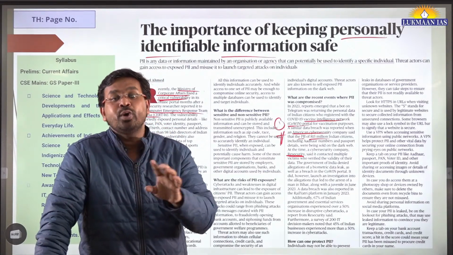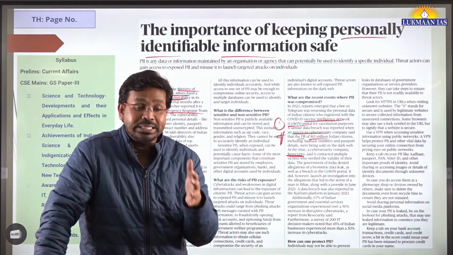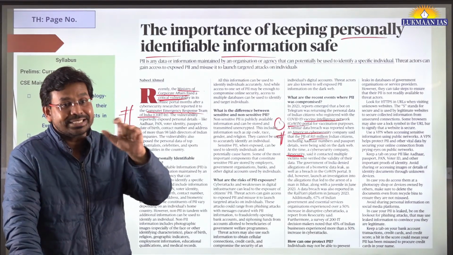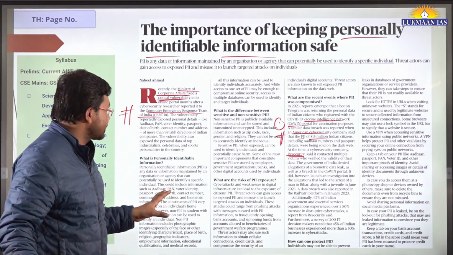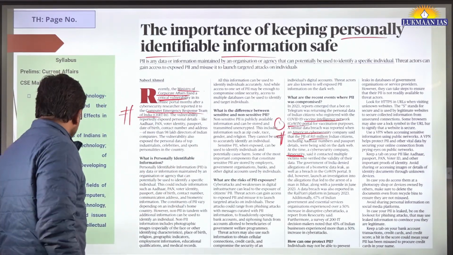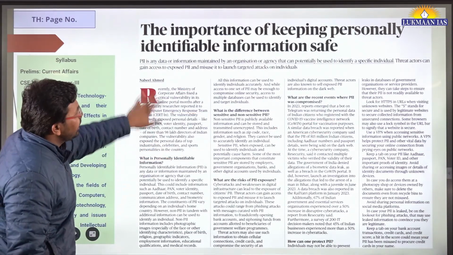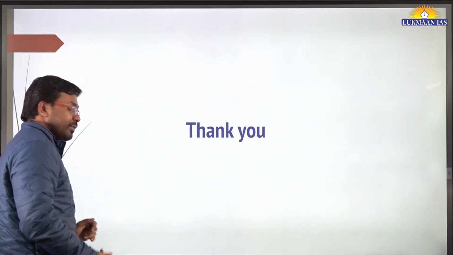And they were being sold in the dark net. Okay. However, the government of India has denied those allegations. However, government of India has started investigating on those allegations, right? So this is the thing. So there have been many articles in the past also related to breach of personally identifiable information.